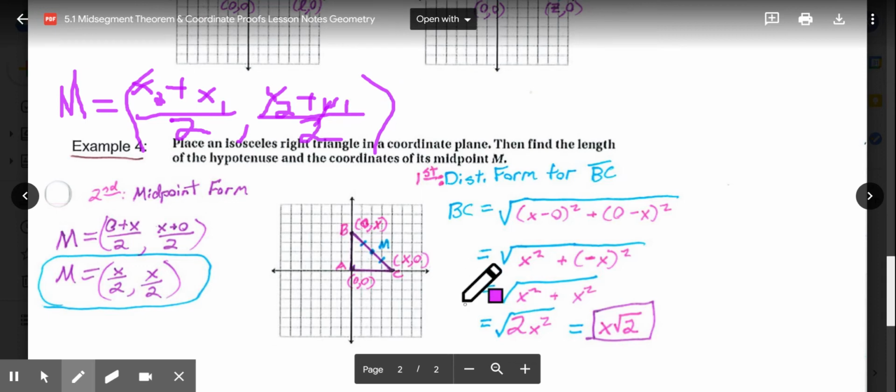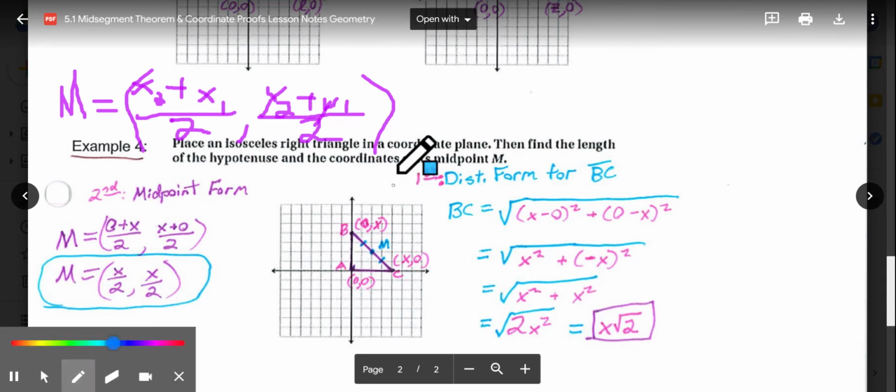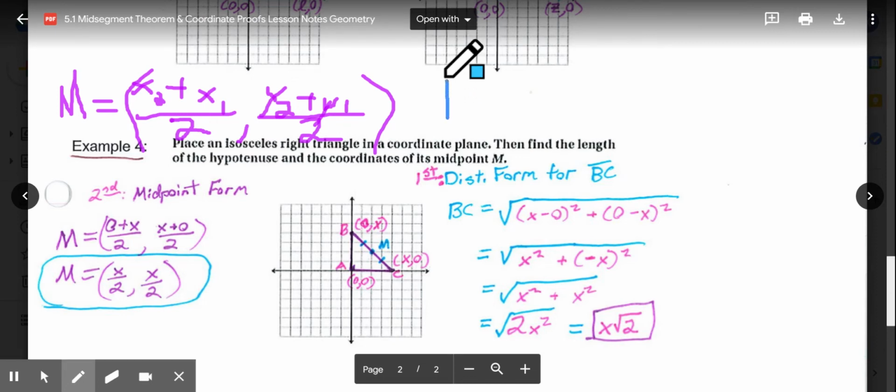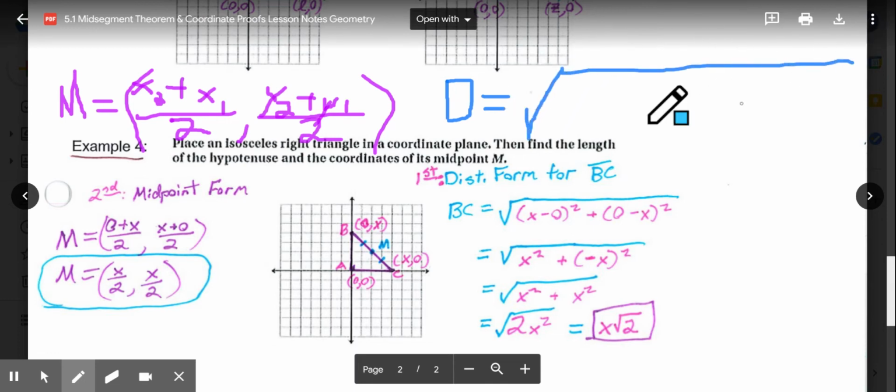That's midpoint. For distance formula, let's change our color here. Distance formula, the whole thing is in the square root again. So our whole distance formula goes under the square root. And this one again is x2 minus x1 in parentheses squared.